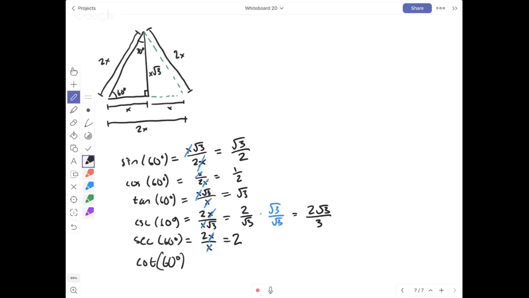And the cotangent of 60 degrees is the adjacent over the opposite, equals x over x root 3, cancel, cancel, 1 over root 3 times root 3 over root 3, and I get root 3 over 3.